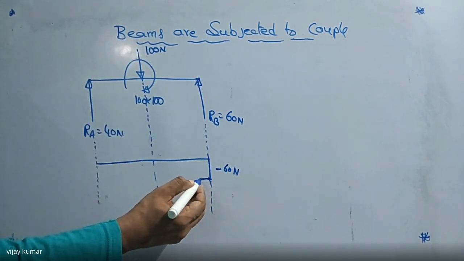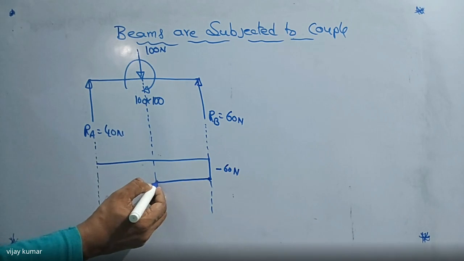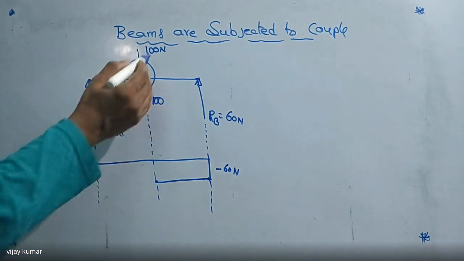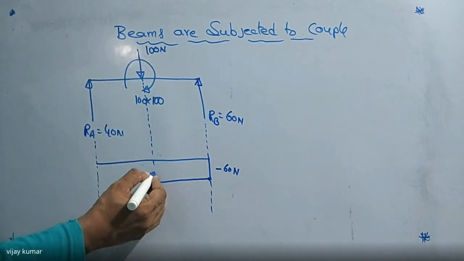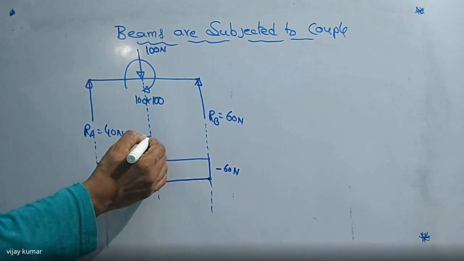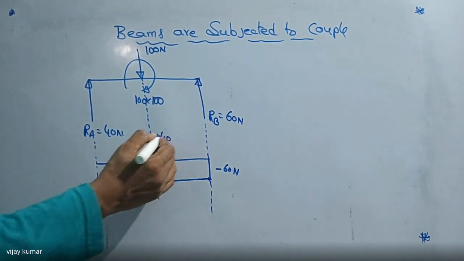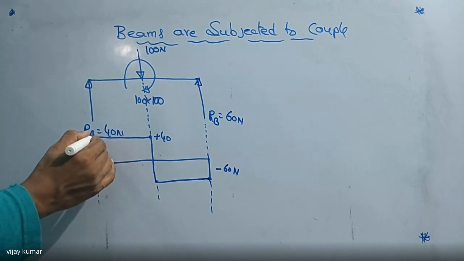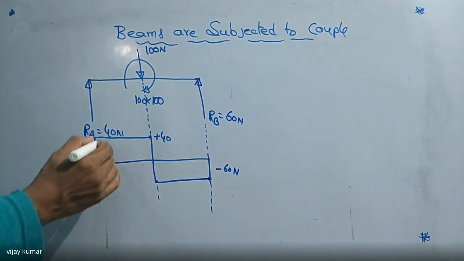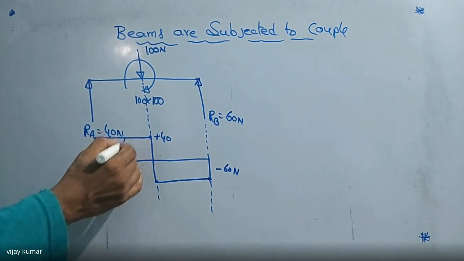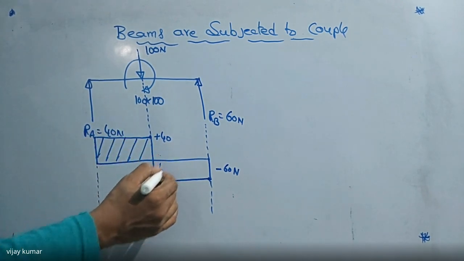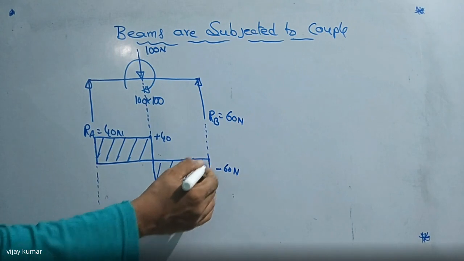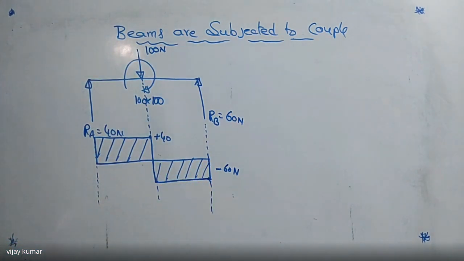Up to this point it is the same value, 60 newtons. If you add this 100, we get plus 40. Then I go up to plus 40 here. After that, this continues up to this point. If you take this reaction, the sum of those two becomes zero. Then this is the shear force diagram for this beam, which is subject to a point load and a couple. Now I'm going to draw the bending moment diagram.